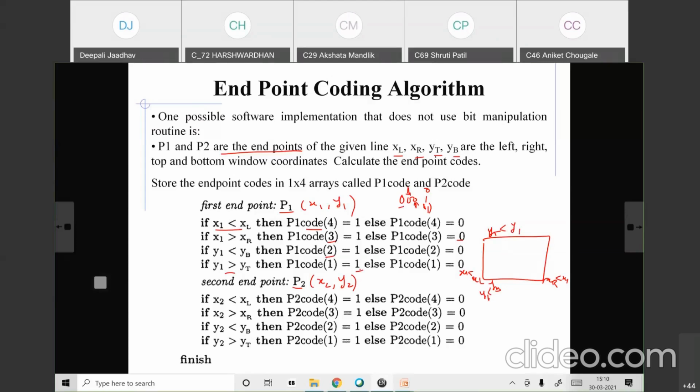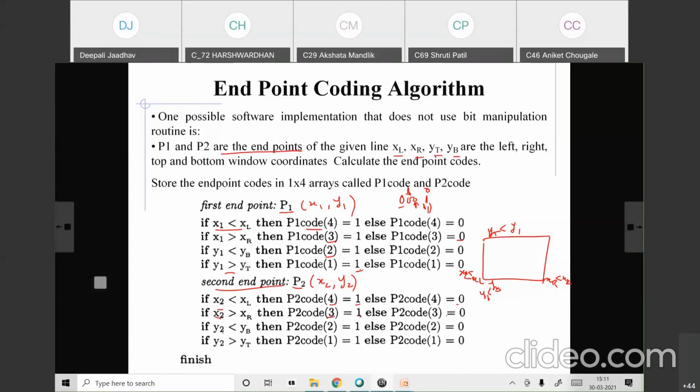How to decide the bits? Using this method. Similarly, for the second endpoint: if x2 is less than xl, it is on the left hand side, so this bit is 1, otherwise 0. If x2 is greater than xr, then the third bit is 1, otherwise it is 0.